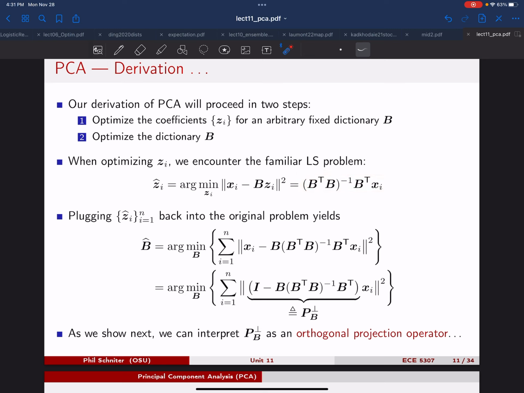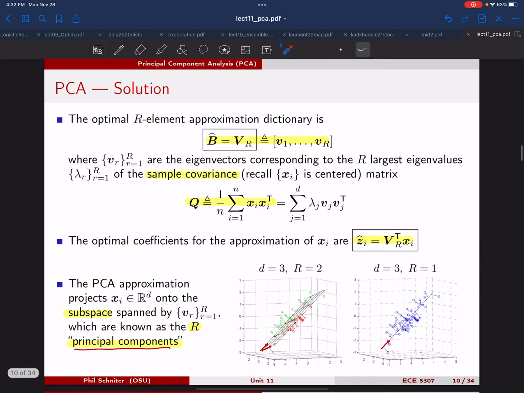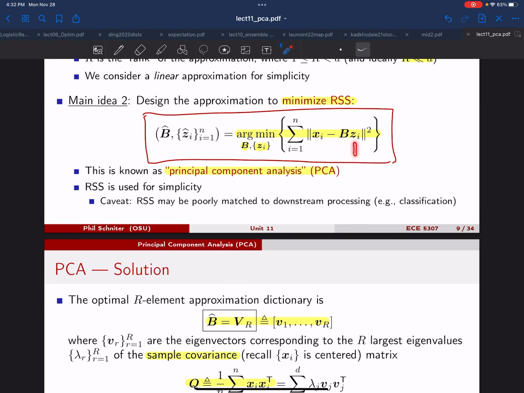Okay. So for any matrix B that we choose, this is going to be the optimal zi hat. So we can take this zi and we can plug it back into here. And now we don't have to worry about optimization over Z, we just worry about optimization over B.